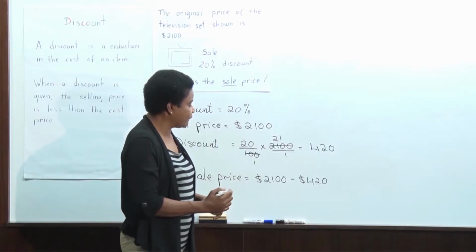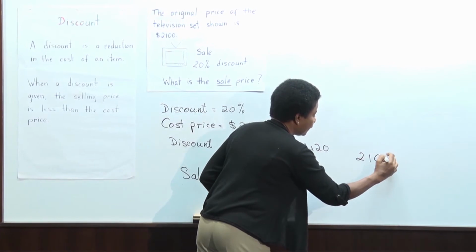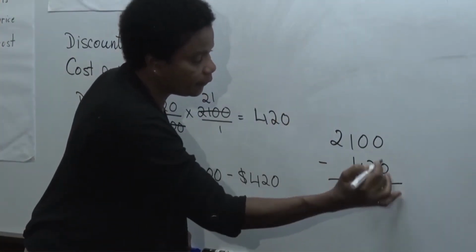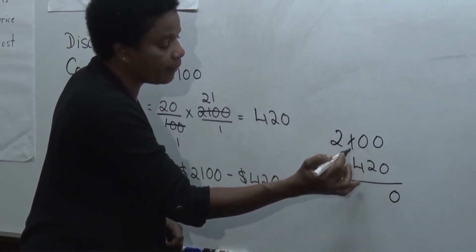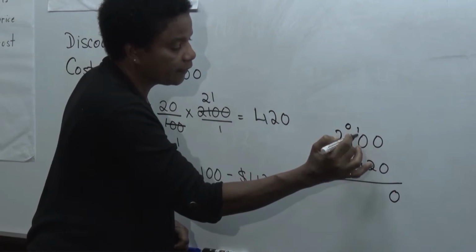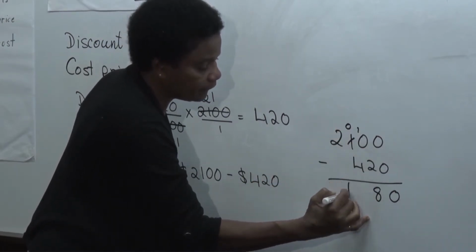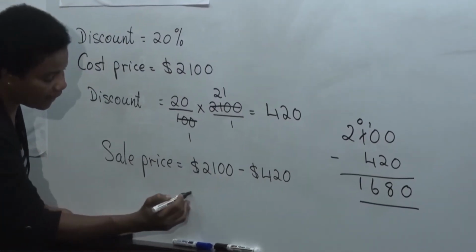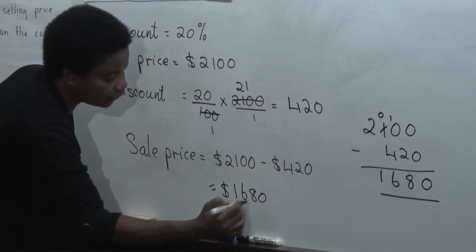So let's see what this sale price works out to be. $2,100 subtract 420. 0 takes 0. 0 cannot take the 2, so we're taking from the hundreds column. 10 take 2, it's 8. And 20 take 4, 16. So therefore, the sale price works out to be $1,680.